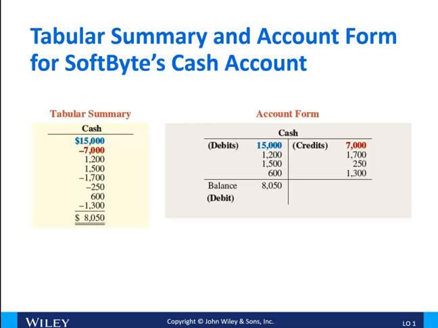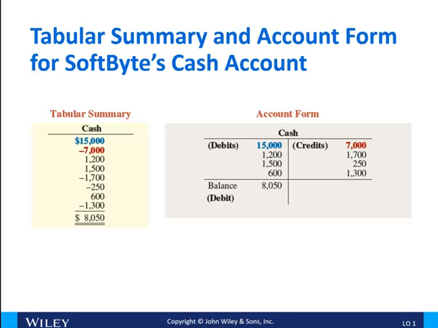So if we look at the cash account for SoftBite Company, there are two ways we can look at it. The left is the tabular summary. Start with the balance of $15,000. We spend $7,000, so we show that as a decrease, so a minus. We receive some cash, $1,200, then $1,500. We add that. We subtract this $1,700 where we spent some cash.